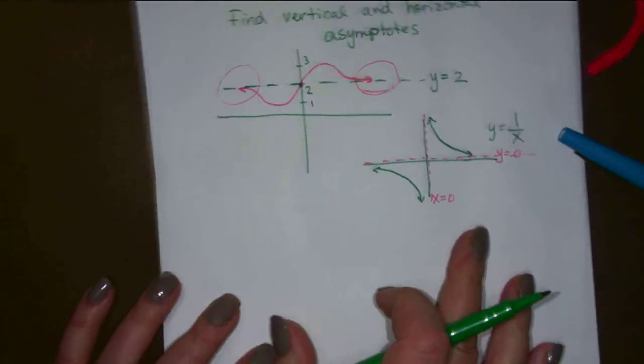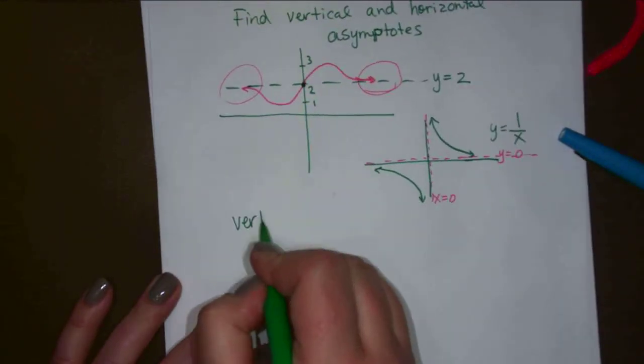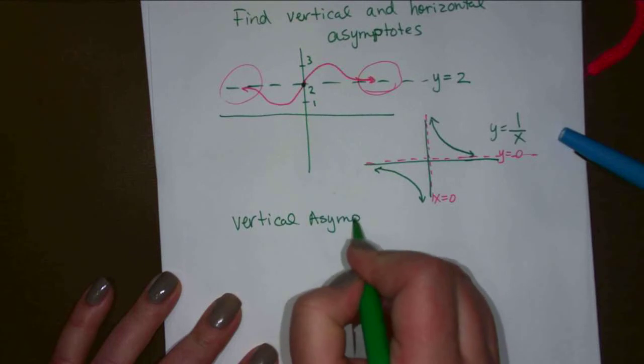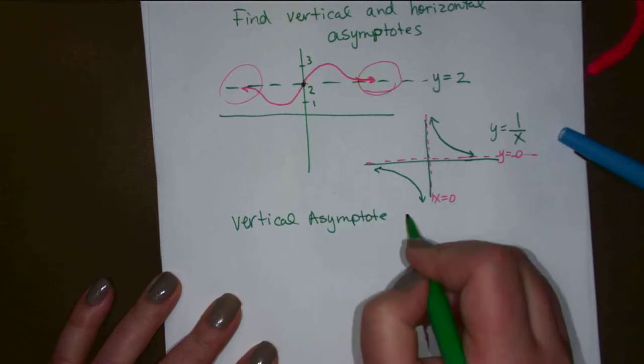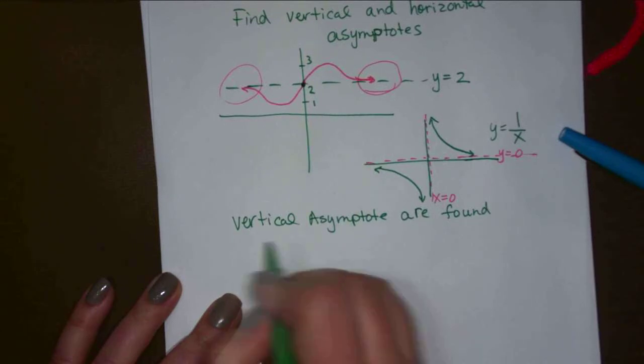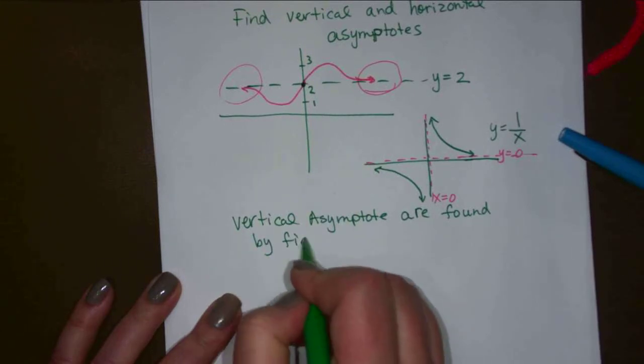So the vertical asymptotes are found by finding the restrictions. We did that before.